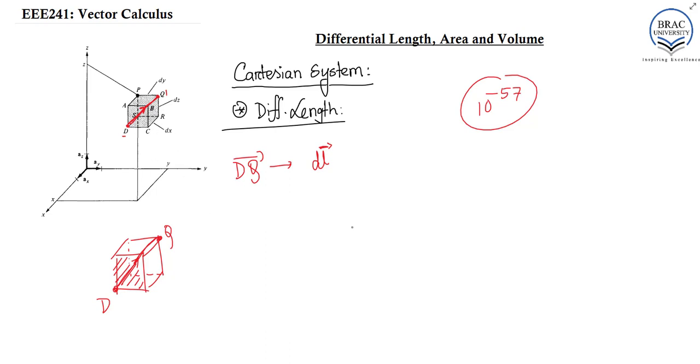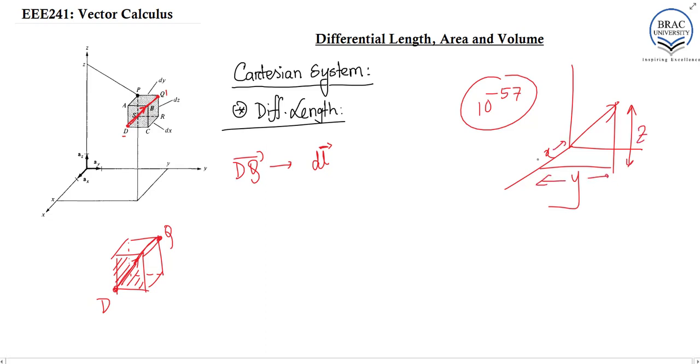For example, when we learned about the Cartesian system, a vector in 3D space would have an x coordinate, a y coordinate, and a z coordinate, right? Now, dl being a vector itself can also be broken into its three infinitesimally small components along the x, y, and z axes.